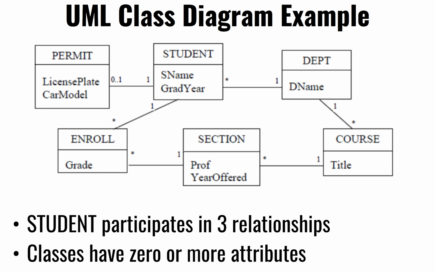The minimum is 1 and the maximum is 1. This star usually means 0 dot dot star. Star means any number. It could be 0 or more. The other example here is 0 dot dot 1, meaning that it's optional. It could be there, it could not be there. Maybe I have a reference, maybe I don't have a permit to park here at the university. So it's optional.